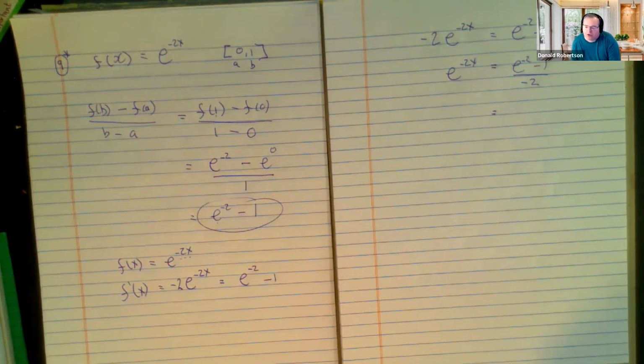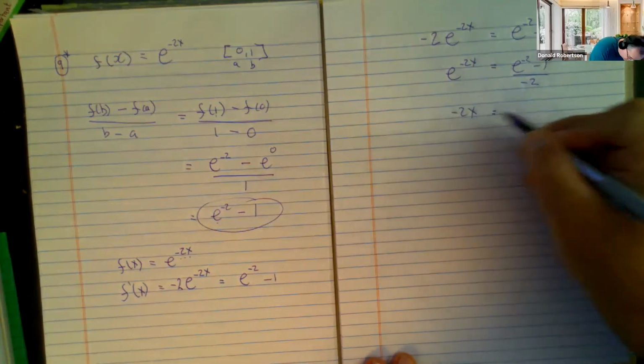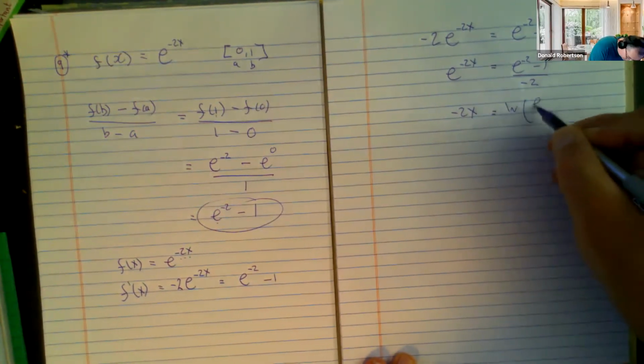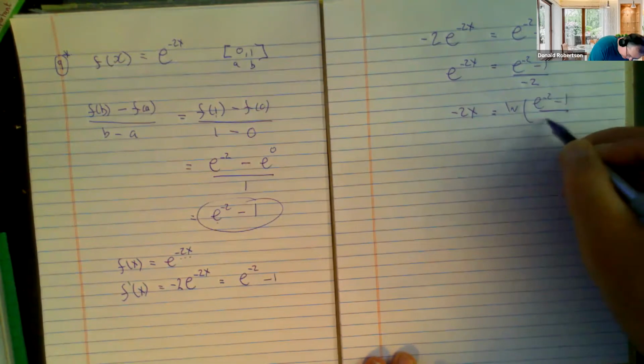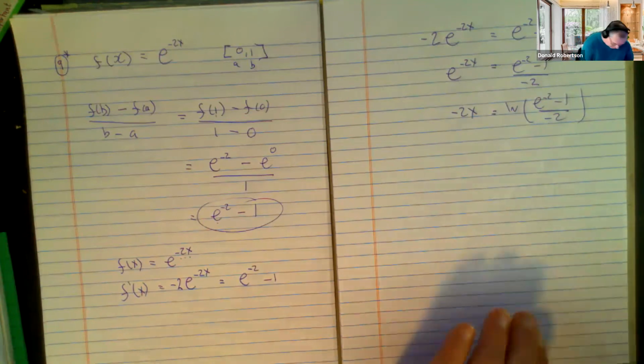Any takers for what I should do next? What should I do to both sides next? Natural log. Yeah. And if you take the natural log, nobody says the answer has to be pretty, right? It just has to be an exact answer. Okay, we're pretty close to the final result then.